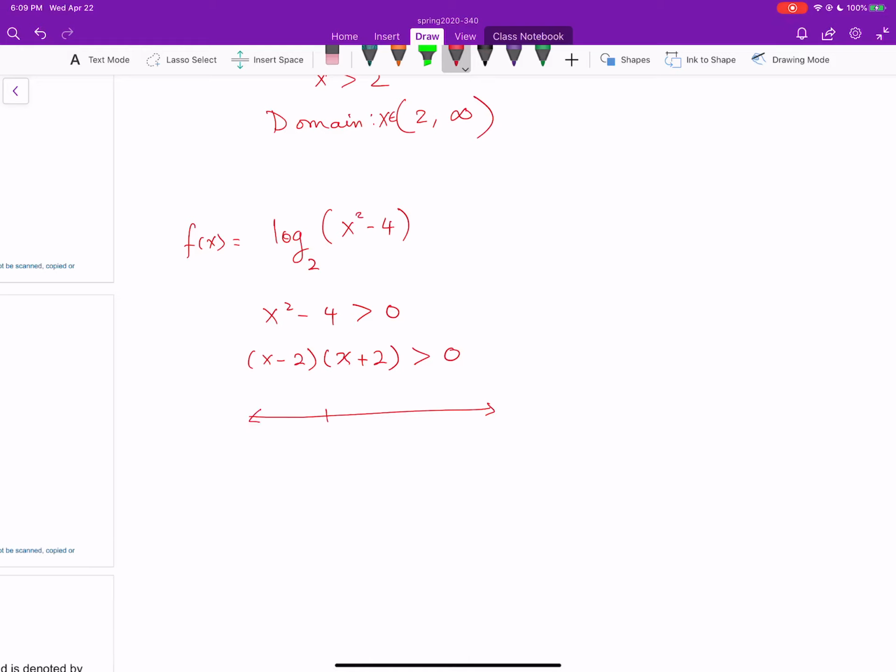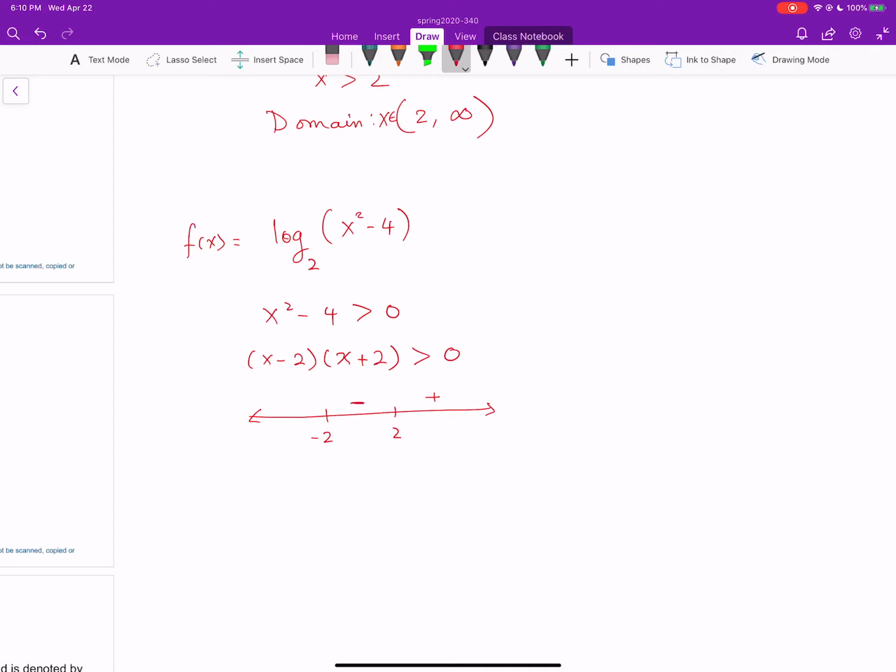My zeros are negative 2 and 2, and I'm going to check to see where this inequality is true. If I test a value bigger than 2, you can clearly see that this is positive. If you pick anything between negative 2 and 2, say 0, the outcome is negative.